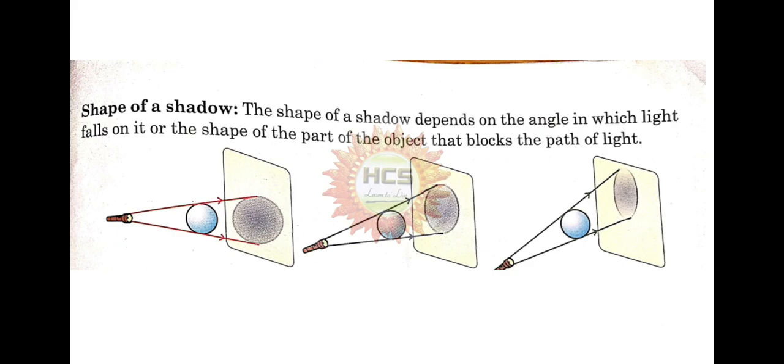As you can see in this picture, the torch is placed at 3 different angles. So the shape is also different, although the object is same.